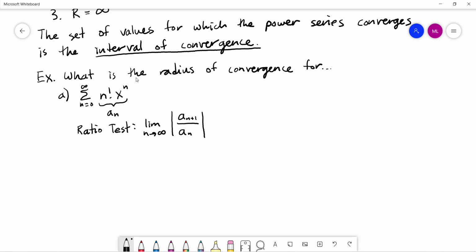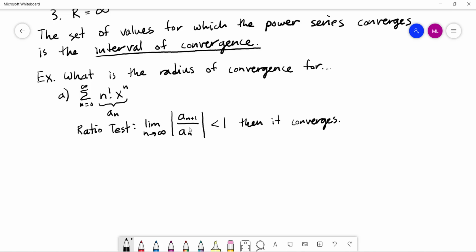And if we can get this limit to be less than 1, then it'll converge. So that's what we're trying to find. Is it possible, and for what values of x can we get this thing to converge?